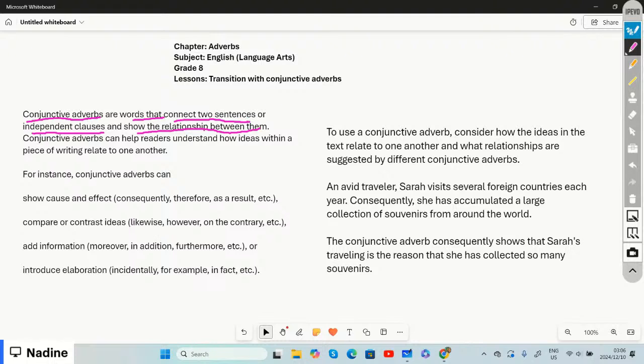That is a conjunctive adverb. It's words that connect two sentences, or it connects independent clauses, and it shows us the relationship between them.